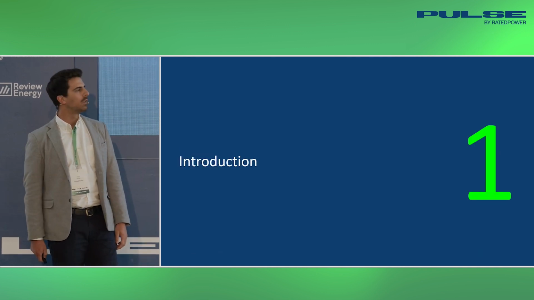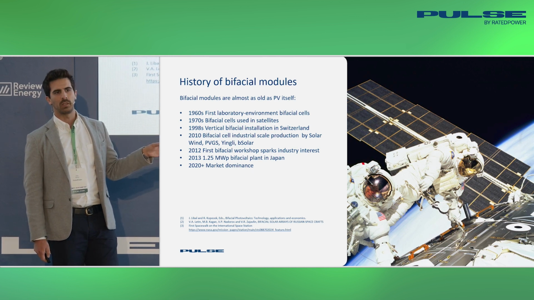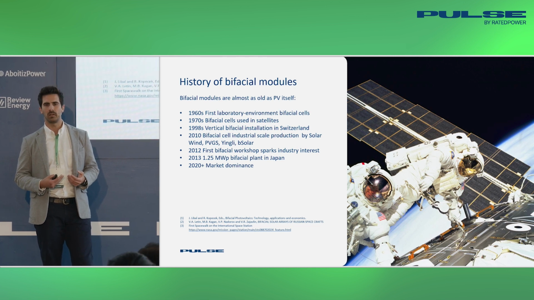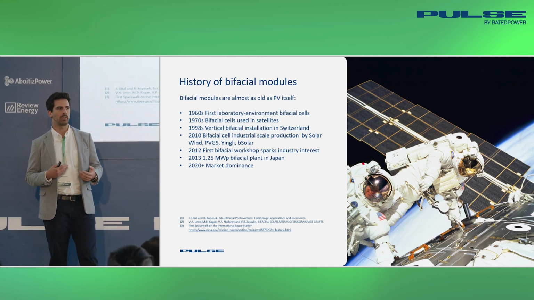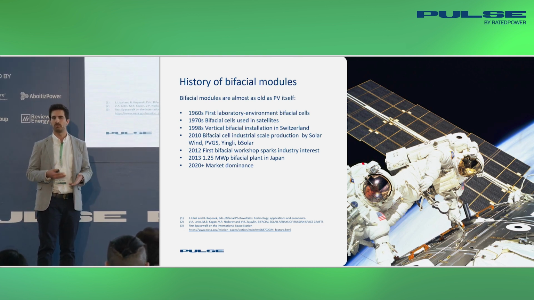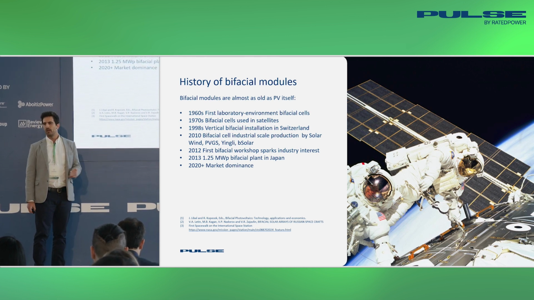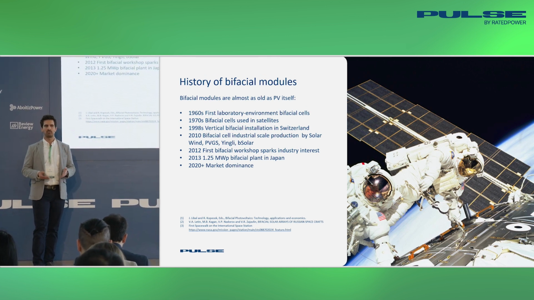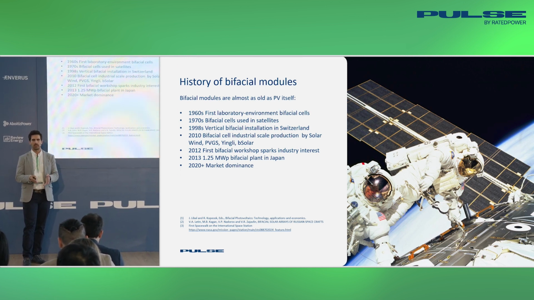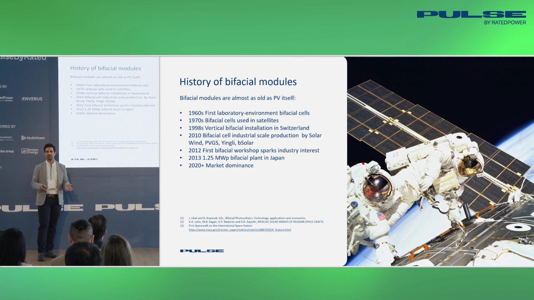The intro. I first wanted to speak about the history of bifacial modules because I feel that as the utility scale PV industry, we only gained awareness of them in the past, I don't know, 10 years, maybe less than that. But they have existed for a long time. The first bifacial modules were used in space applications. In space, of course, watts per kilogram is what matters the most because rockets are expensive. Sending stuff to space is very expensive.